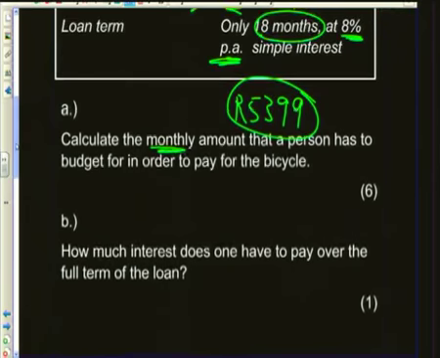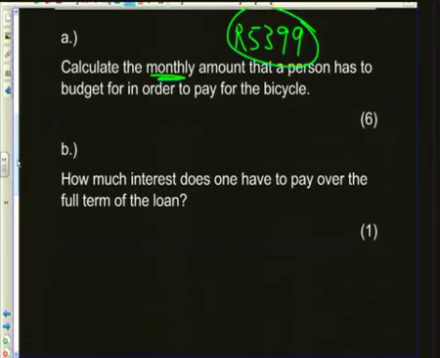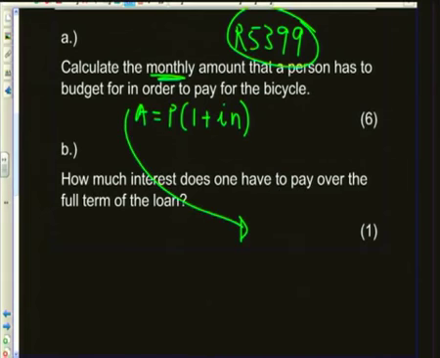Now, guys, this is simple interest, all right? So what you're going to do is you've got your A equals P bracket 1 plus I times N, right? Now, let me just use this part of the board. So I've got A equals, this is now 5,399 bracket 1 plus the interest.